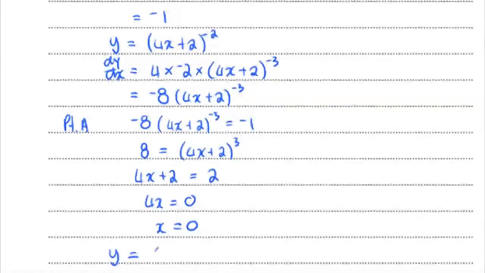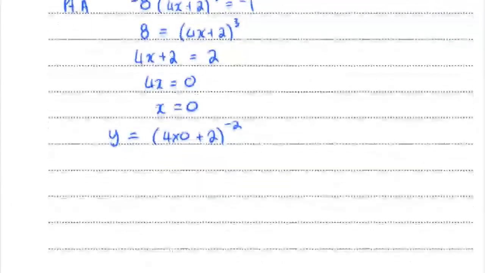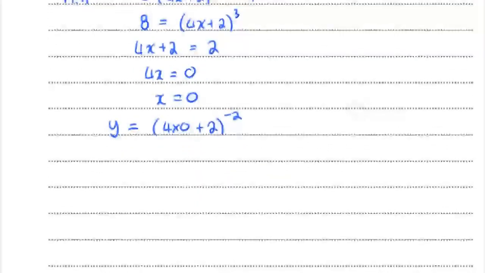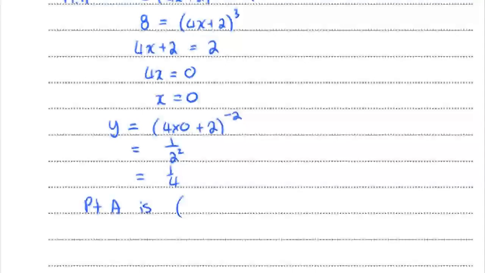So y is equal to 4 times 0 plus 2 to the negative 2, which means 4 times 0 is 0. So we have 2 to the power of negative 2. Negative 2 means that it's 1 over 2 squared, which is a quarter. And so our point A is x is 0 and y is a quarter.